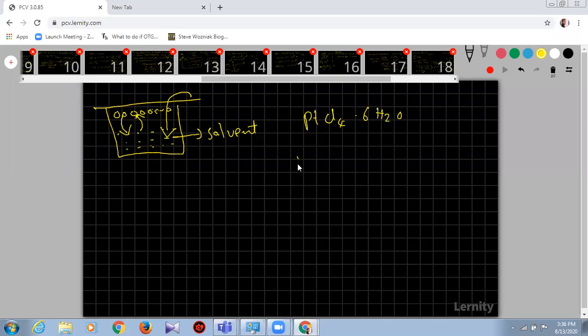Okay, delta TF is equal to what was given here? 3.72 degrees centigrade. Assume 100% ionization and Kf of water 1.86 mole per kg.